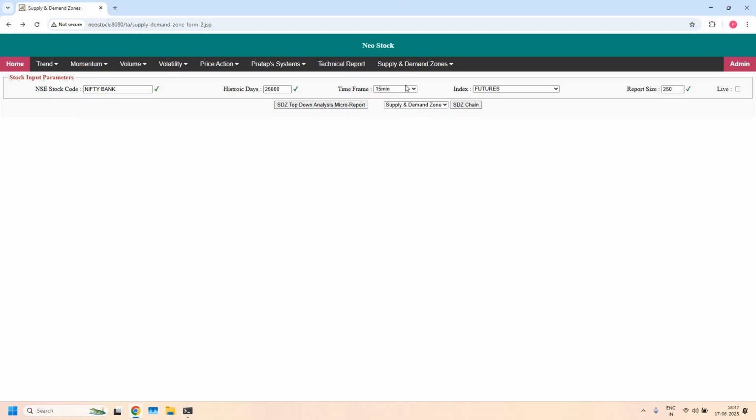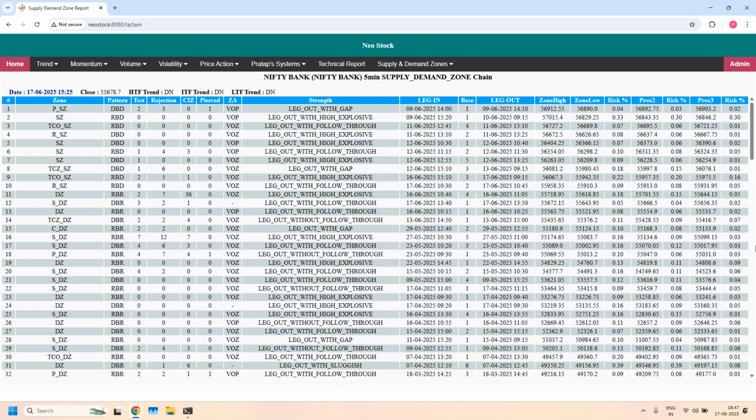Next, generating 5 minutes supply demand zone chain for Bank Nifty. So this is about Bank Nifty supply demand zone chain.